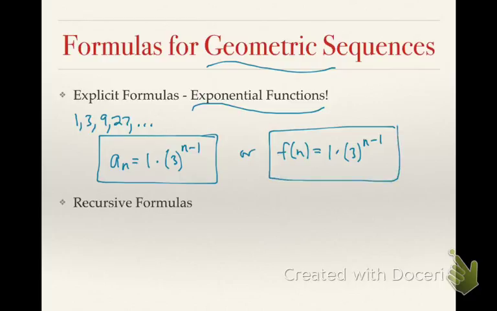In the recursive formula, again, we have to define the first term. So the first term is 1. And then the nth term is found by taking the previous term times the common ratio. So it's 3 times the previous term. There's your recursive definition.